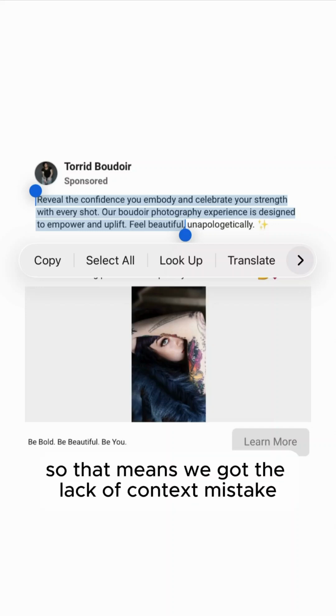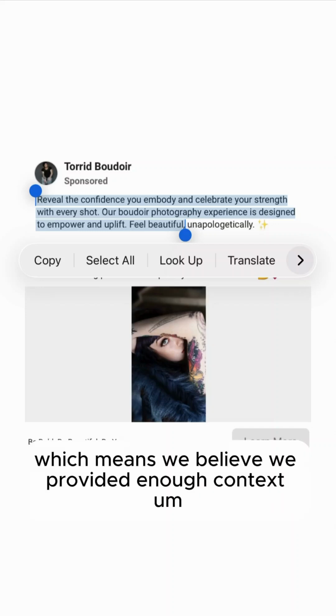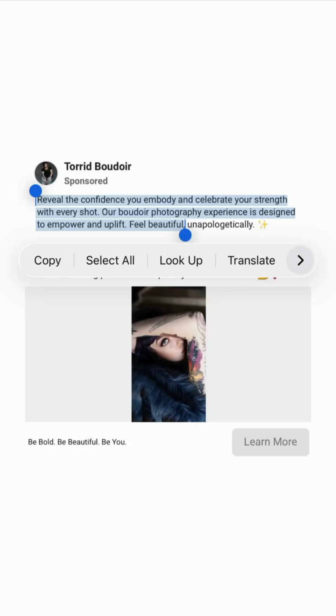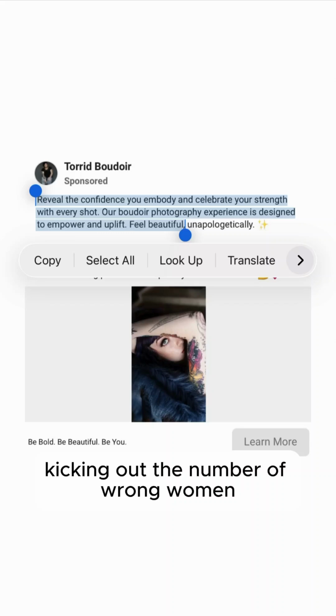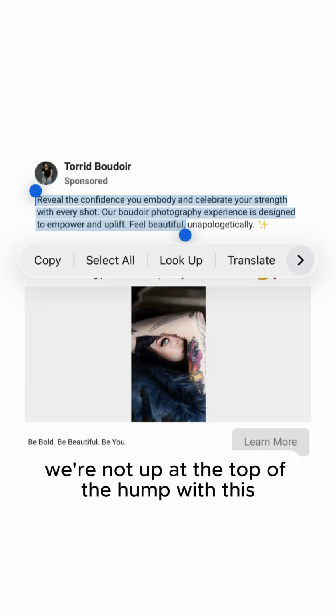So that means we got the lack of context mistake, which means we believe we provide enough context to maximize the number of correct women coming in, kicking out the number of wrong women, but we're not up at the top of the hump with this.